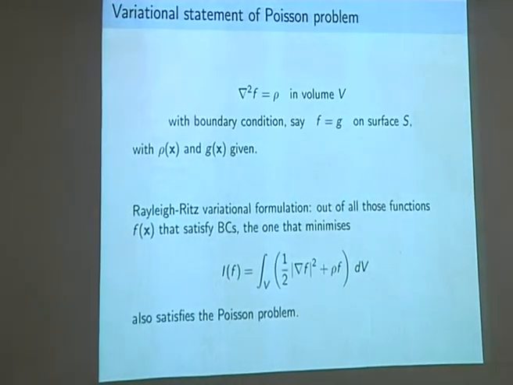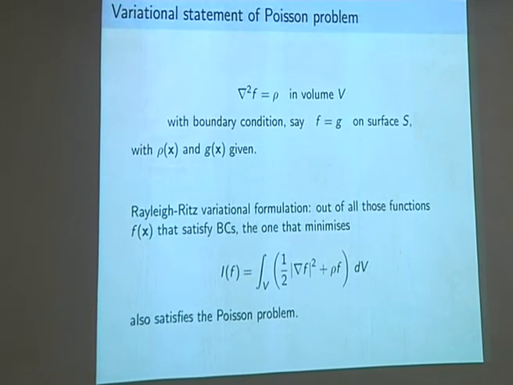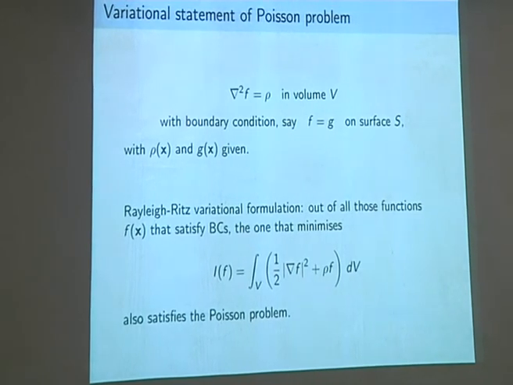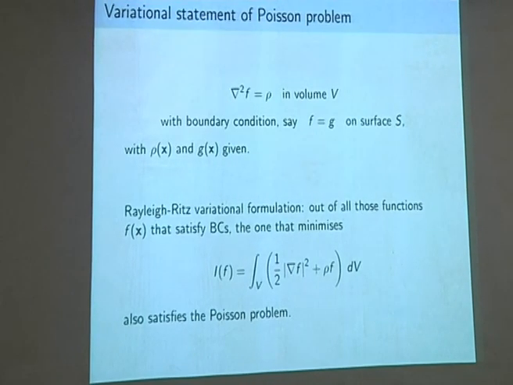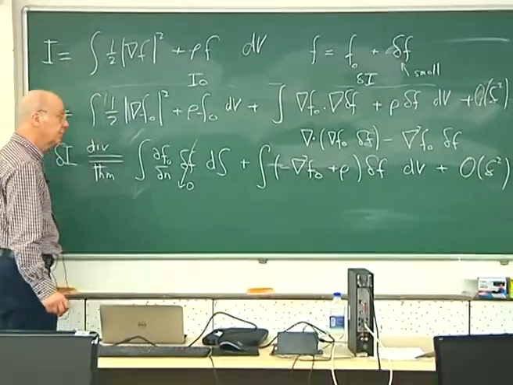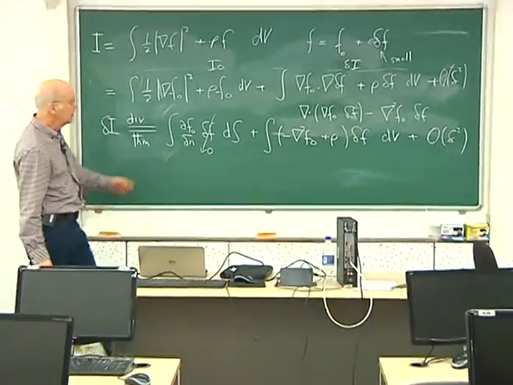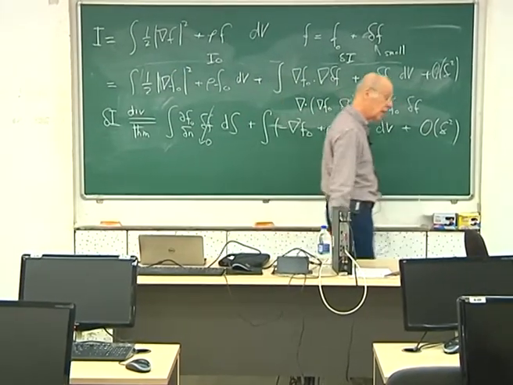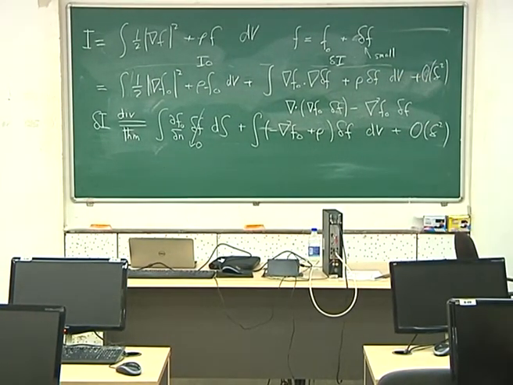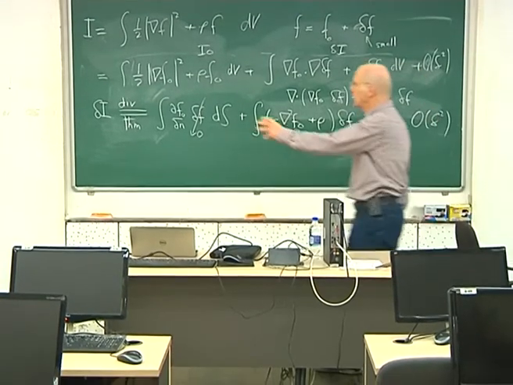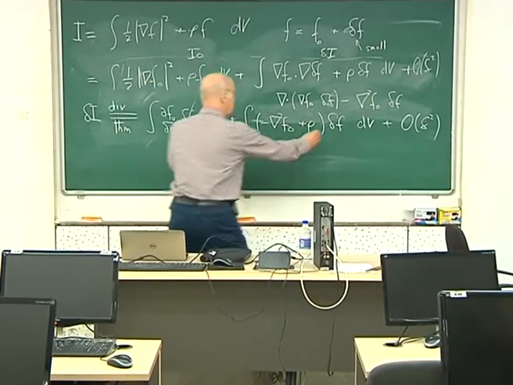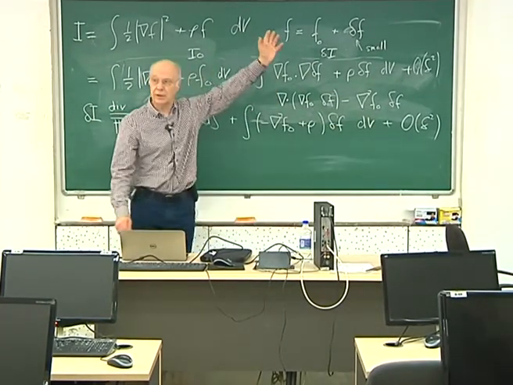I've spent all my boundary condition g on f naught, so delta f has to be 0. On the boundary, this is 0. Then I've got an integral of something times delta f, and I'd like this integral to vanish for whatever delta f is.